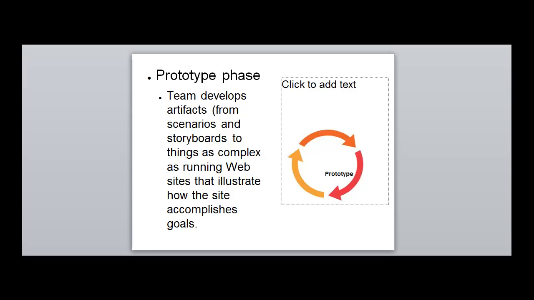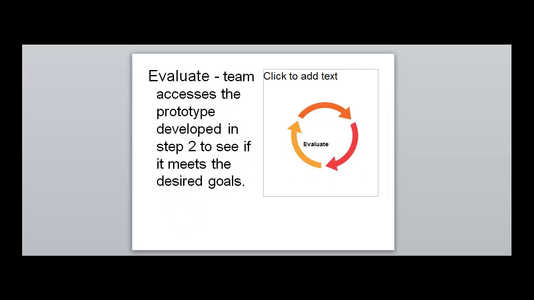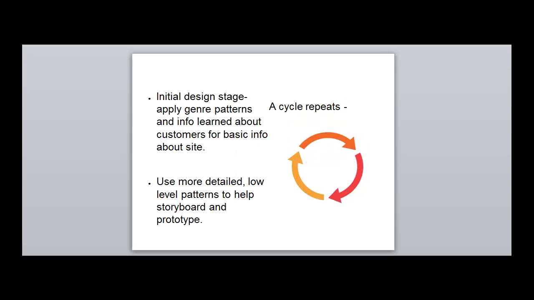For instance, a mock-up or prototype of maybe just the images on the actual computer screen that's going to show our options. Next is evaluate, and the team is going to evaluate the prototypes and then see if they meet those desired goals.